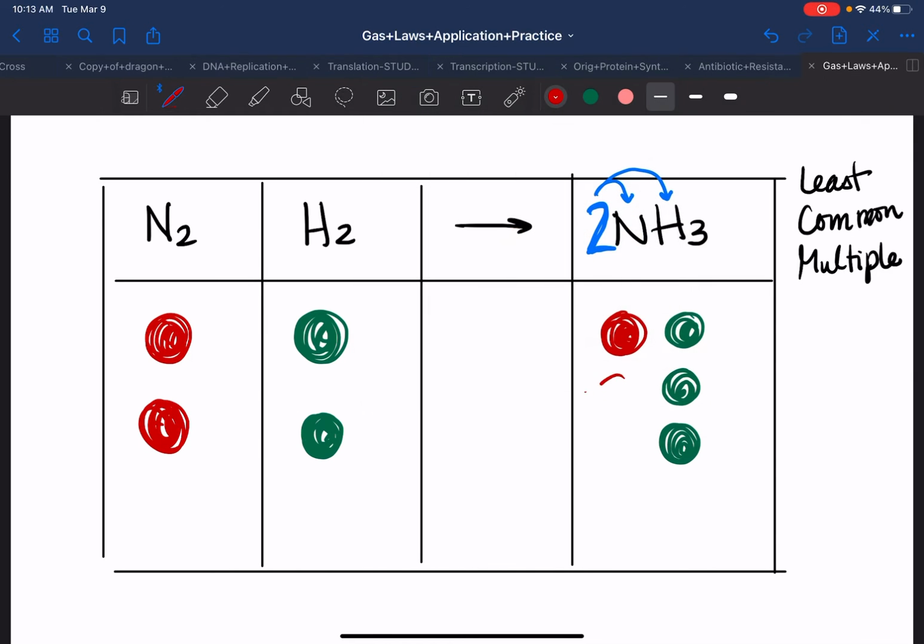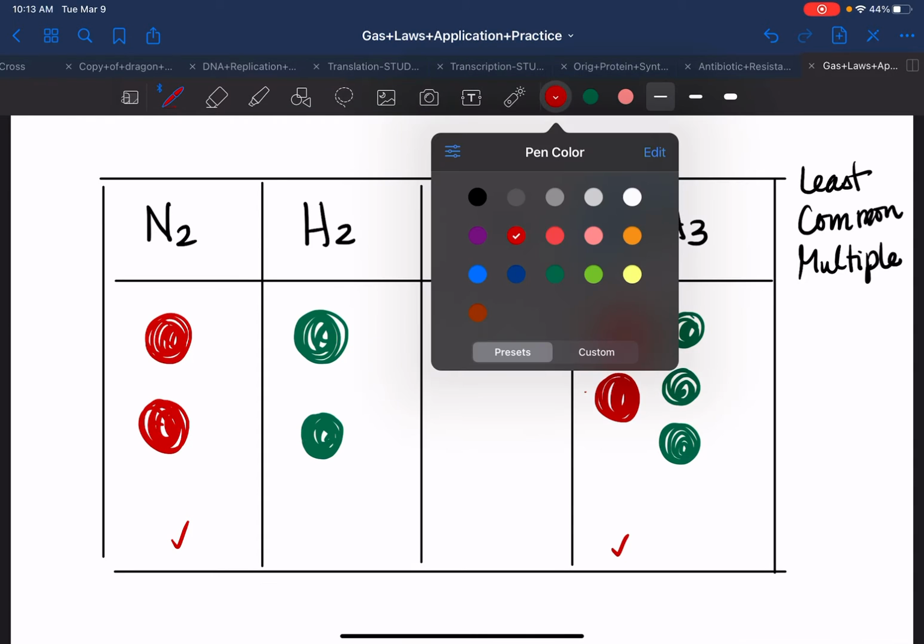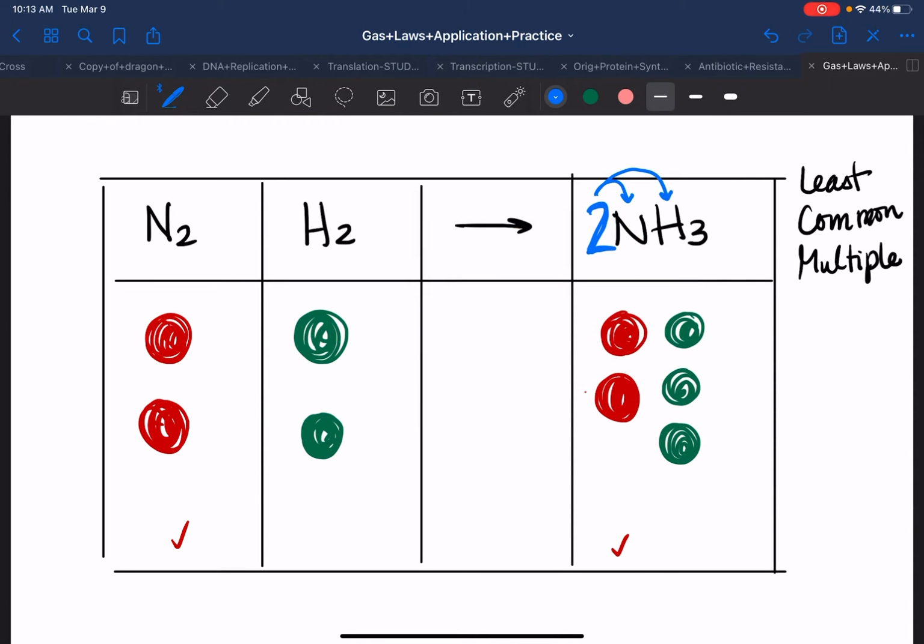So now I have 2 N's for this one, which makes everything good because we have 2 here and we have 2 N's here. However, putting that 2 coefficient, the blue one, in front of it affected the H's, right? So what that means now is I actually have 6 because 3 times 2 is 6.